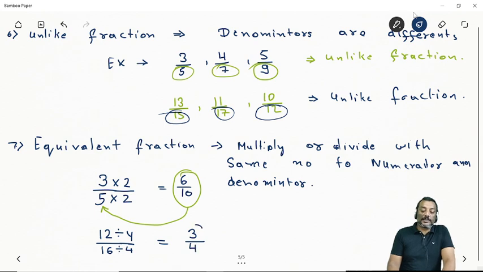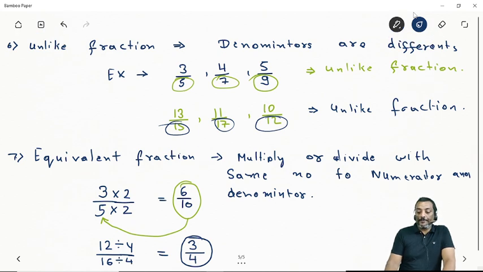So this 3 over 4 is our equivalent fraction of 12 over 16. Okay, so any fraction where numerator and denominator are multiplied or divided by the same number is called an equivalent fraction. Equivalent fraction is also called equal fraction. Hope you got it this much.